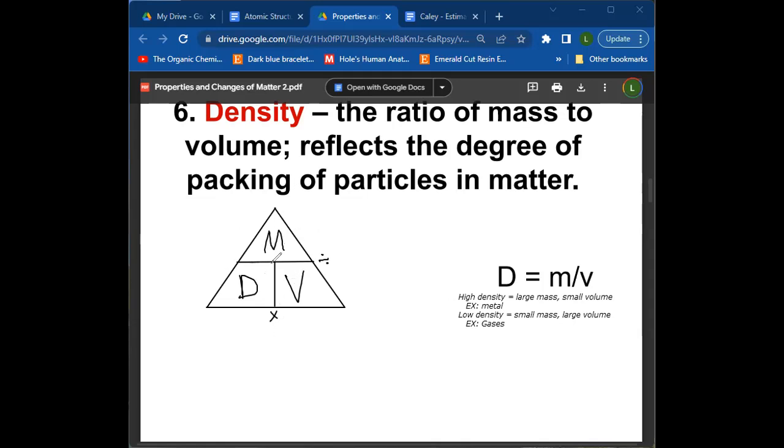The way that you use this triangle is you just cover up whatever it is you're looking for. So if you're looking for density, you cover that up. You can basically hide that. And then the formula is mass divided by volume.